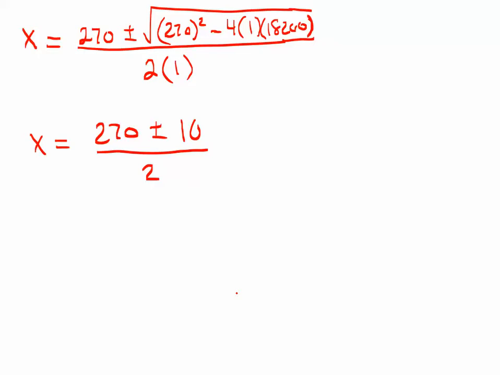So 270 plus 10 is 280, divided by 2 is 140. 270 minus 10 is 260, divided by 2 makes 130. So again, all yours: an English sentence that makes sense of the numbers.